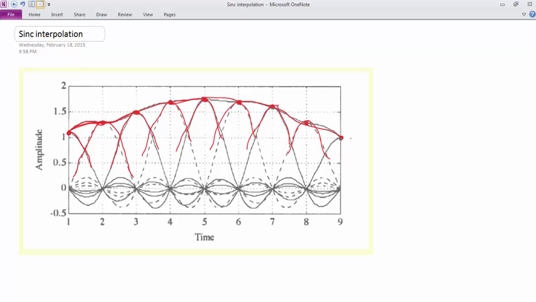And you can really experiment with that yourself too. For example, take samples in MATLAB of maybe a cosine, and then just use MATLAB to add those samples using this sinc interpolation formula.